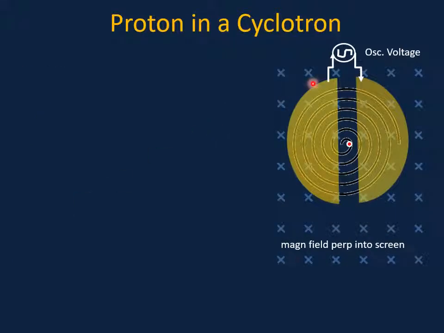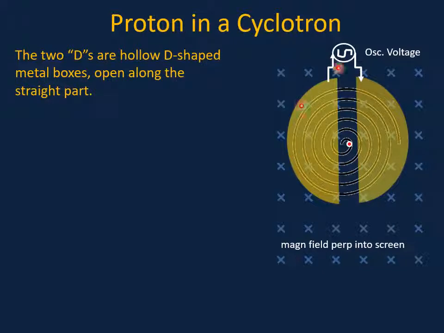So this picture here shows the physical construction of the cyclotron. It has two D-shaped objects, and they're metallic plates, two parallel plates with a gap in between in which the charge can move.